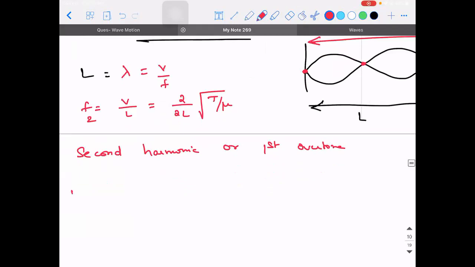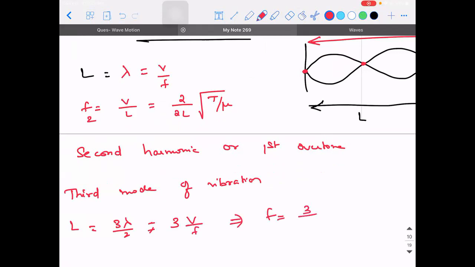Correct? So what is the third mode of vibration? Tell me fast, guys. For the third mode of vibration, what do you think will be the value of L? How many such lambda by 2? It is 3 lambda by 2. So that will be 3V by F, which implies F is equal to 3 by 2L into square root of T by mu.